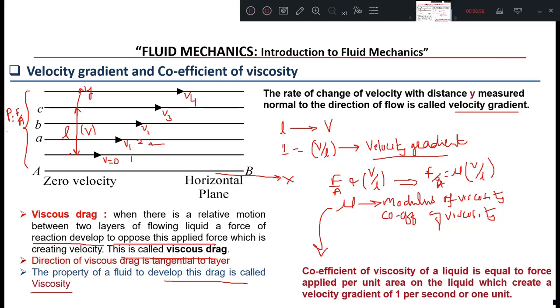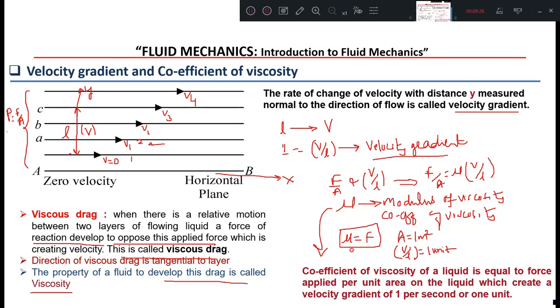So if we write mu equal to force applied, it means if we make the area 1 meter square or 1 unit area and the velocity gradient 1 unit, then this coefficient of viscosity will be equal to the force applied.